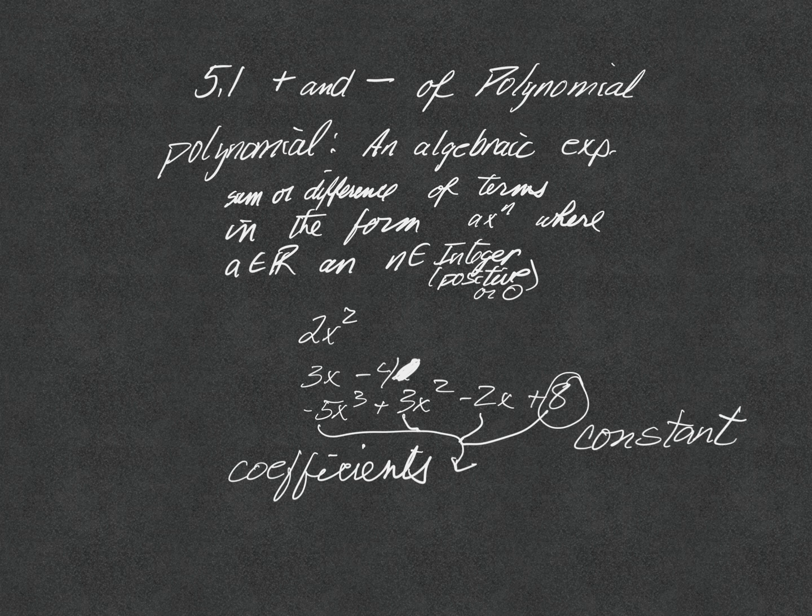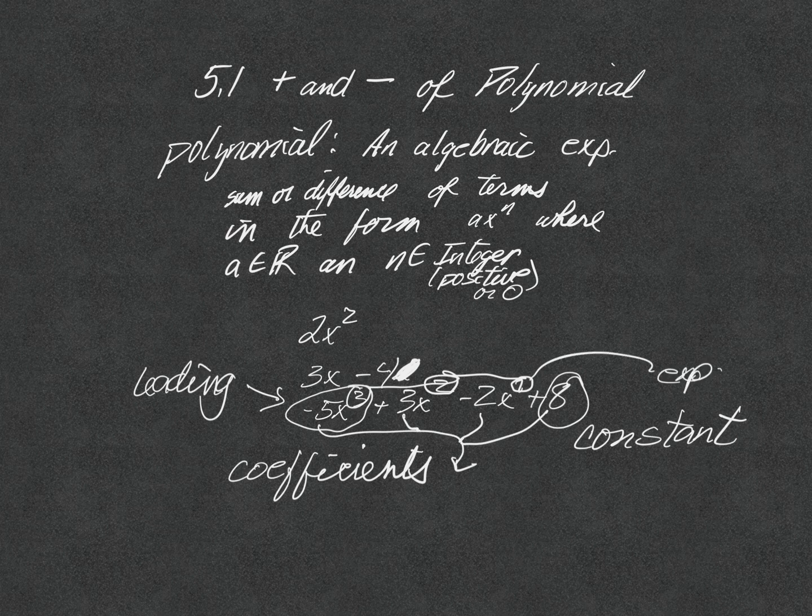The negative 5x cubed, because it's the term with the highest exponent, is called the leading term. The 3, 2, 1, those are called exponents. Those are kind of the parts of a polynomial.